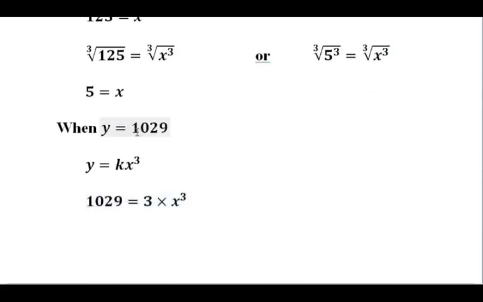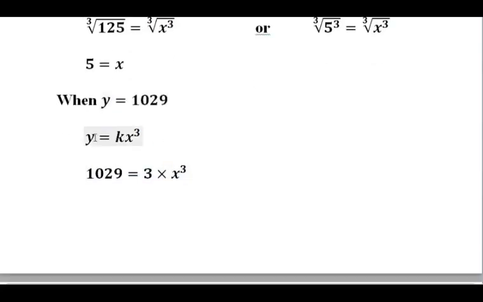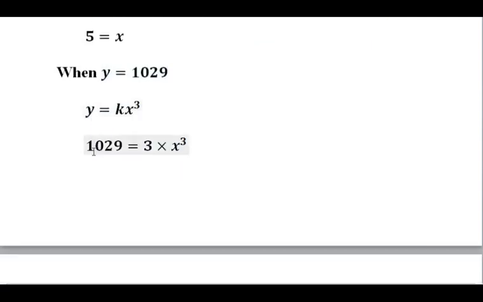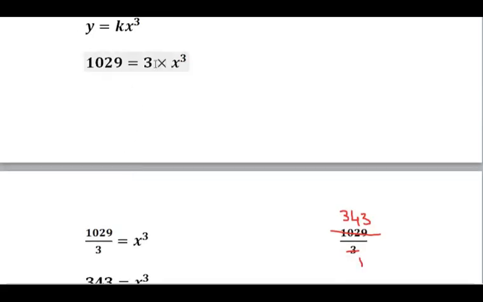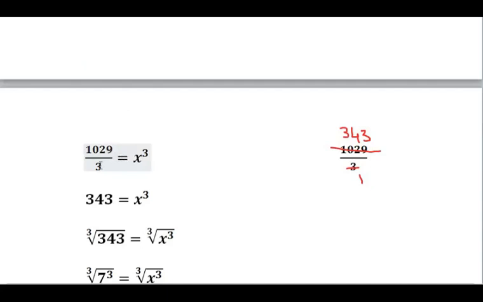So when y equals 1029, this equation becomes 1029 equals 3, which is the value of constant k, times x cube. Now we are finding the value of x from this equation. So again, I will take this 3 from the right to the left side, so this equation becomes 1029 upon 3 equals x cube.